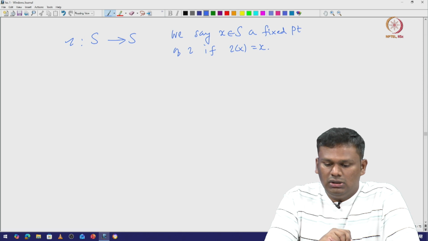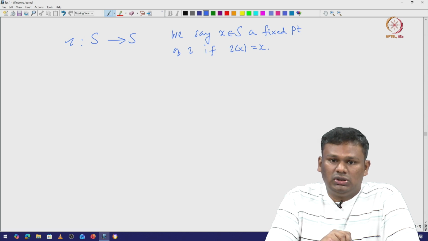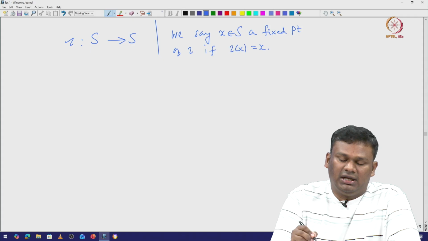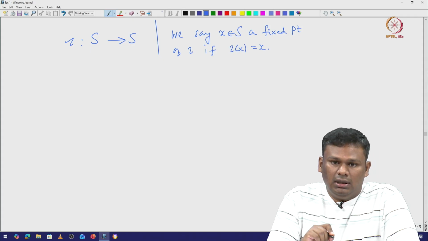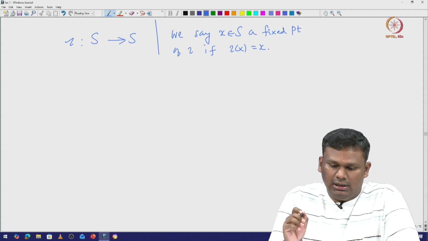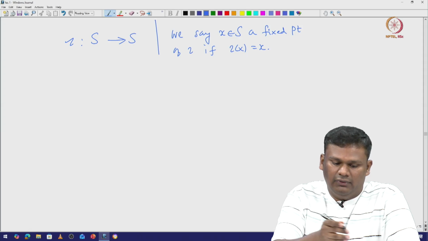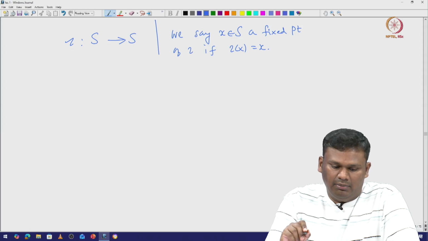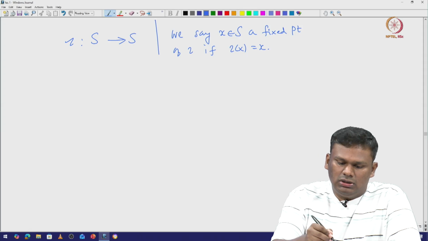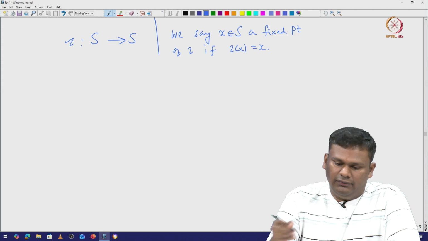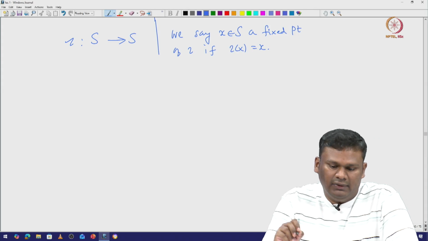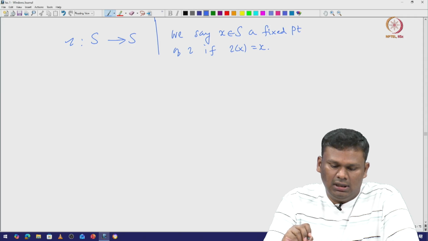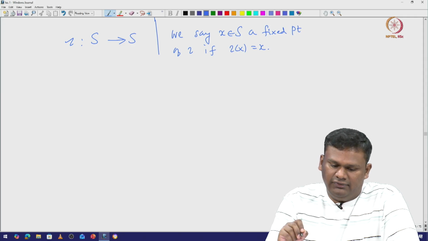Now we can partition S into the orbits of this map. Again, this is something we will discuss in detail when I talk about partitions, but here the case is very clear, so let us talk about it.